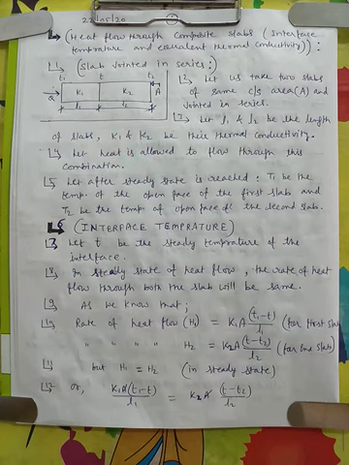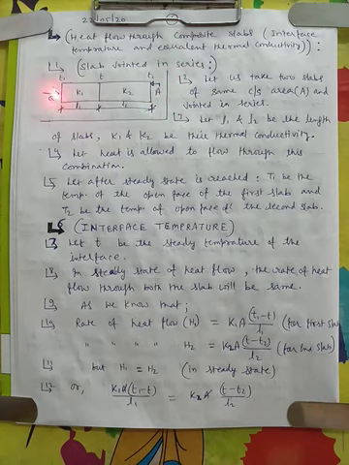Just like two resistances joined in series and parallel have one equivalent resistance, similarly two slabs or more than two slabs joined in series or parallel would have an equivalent thermal conductivity. So that we will find out.